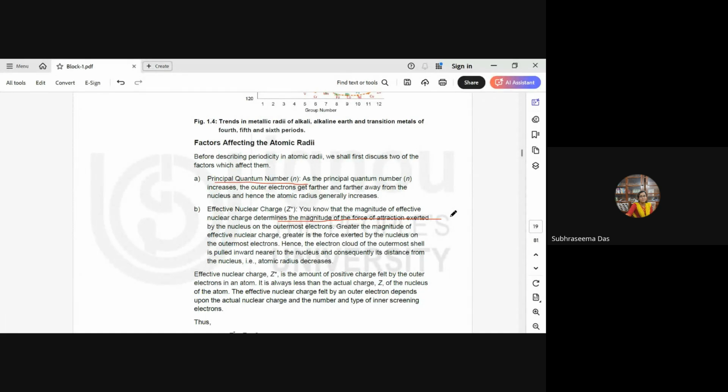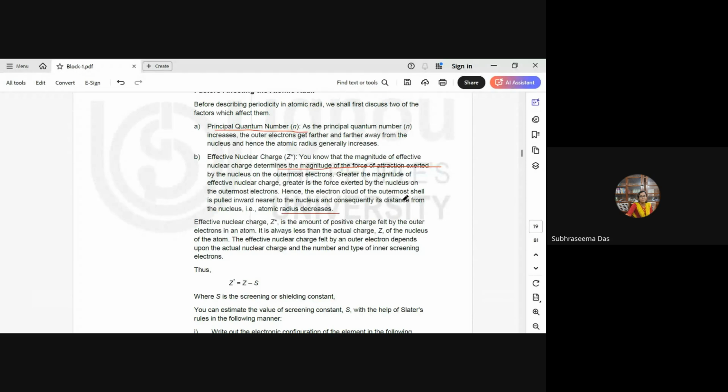The greater the magnitude of the effective nuclear charge, the greater the force the electron experiences. As a result, it is pulled inward by the nucleus, and hence the atomic size decreases. That is how effective nuclear charge, represented as Z star, is very crucial for determining the atomic radius.